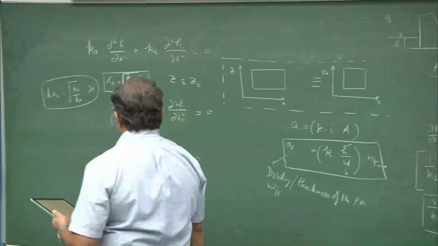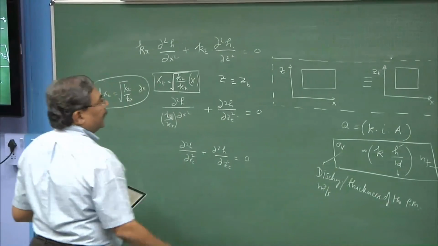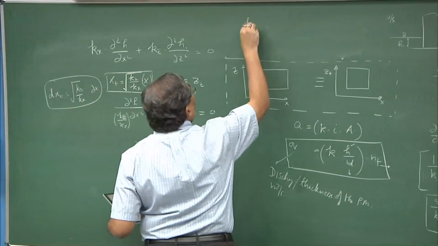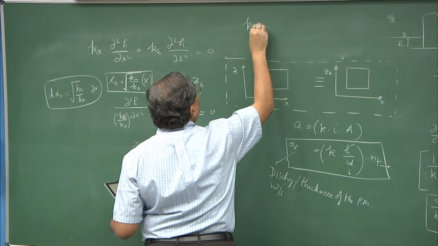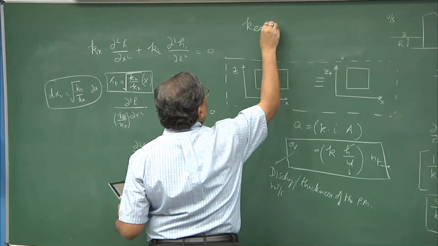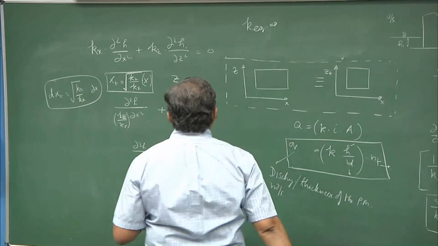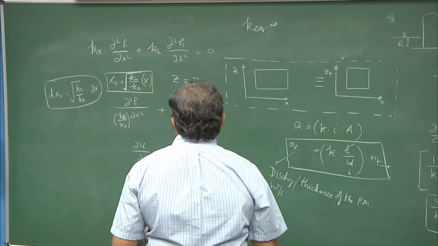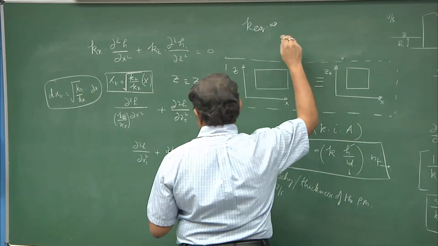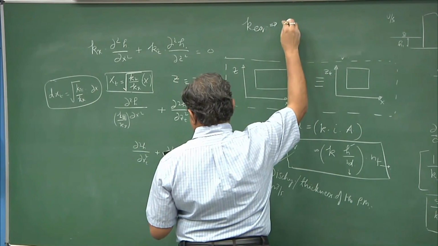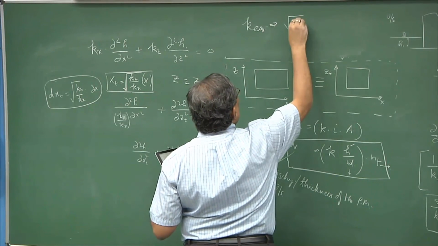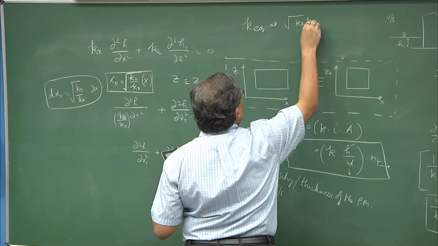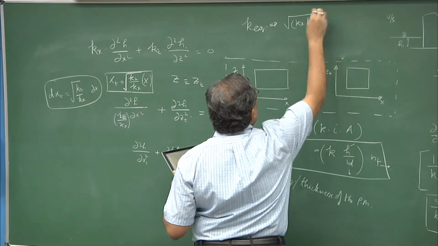I can define another term as k equivalent of the anisotropic system, and that would be equal to, suppose I write that k equivalent would be under root k x into k z. Can you prove this?